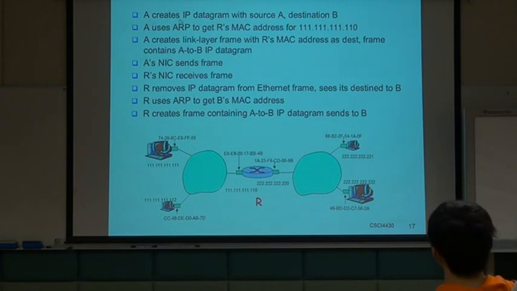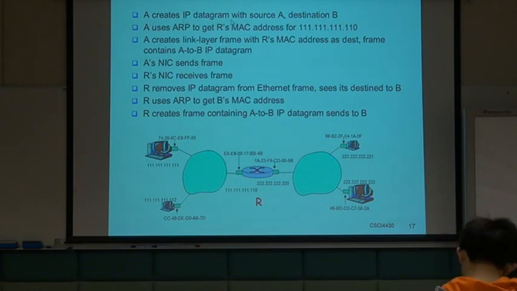So A will first create an IP datagram with source A and destination B. Now if it finds that B is not in the same subnet, A will send the packets to the default gateway. So in here, A will use ARP to try to get R's MAC address for 110, which is the default gateway in here.